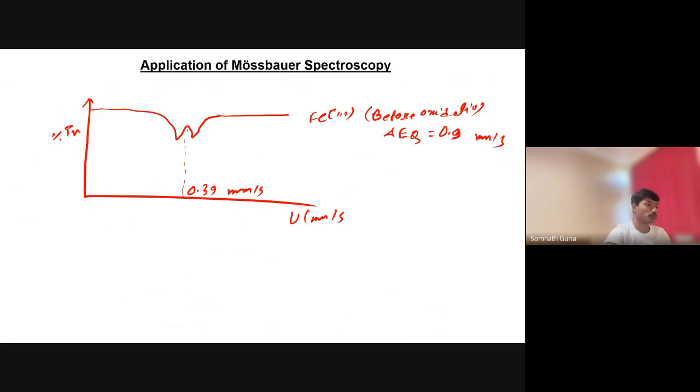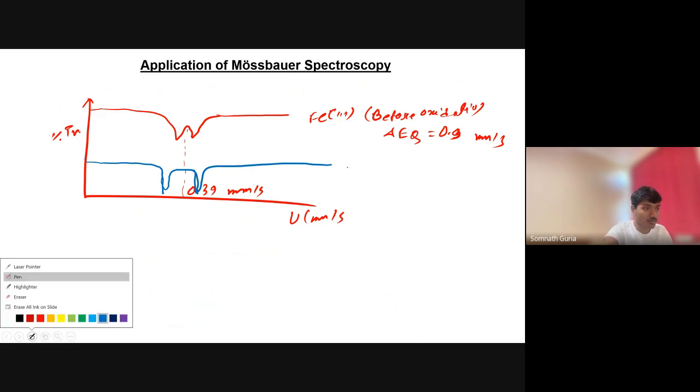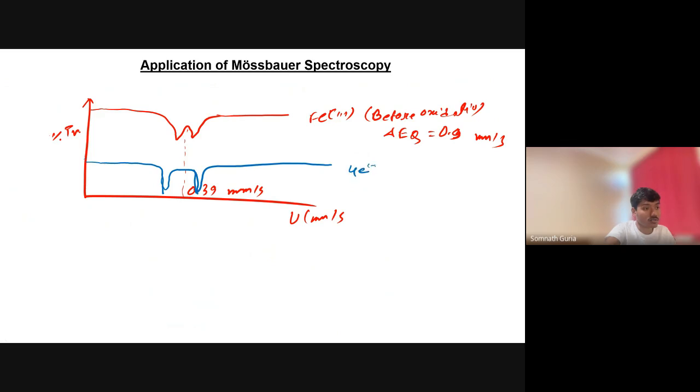millimeter per second. Now 4 electron oxidation will have another color. 4 electron oxidation will have, this says 4 electron oxidation system, 4 electron oxidation product, and delta EQ value is 1.10 millimeter per second.